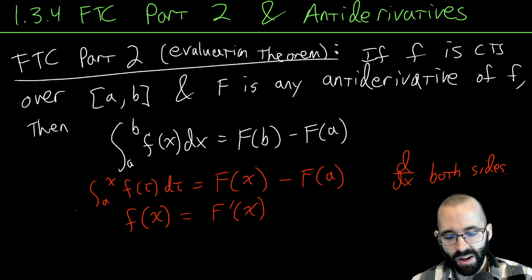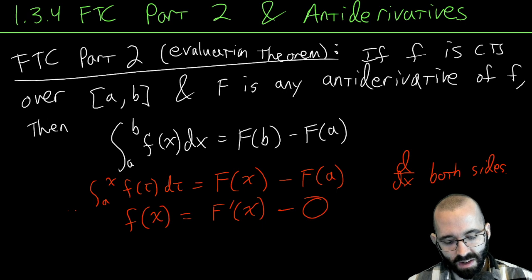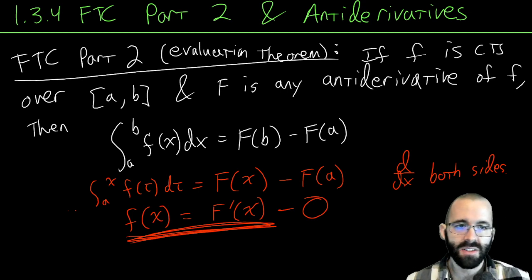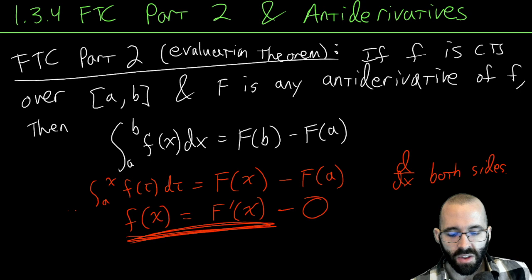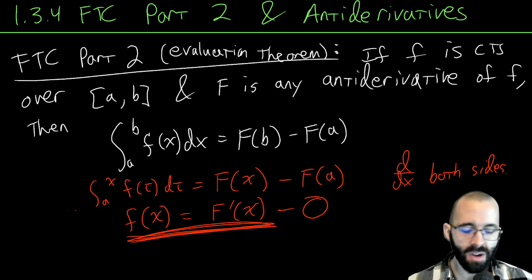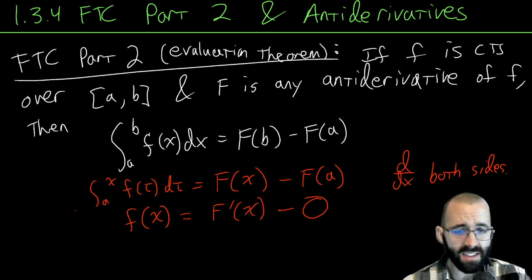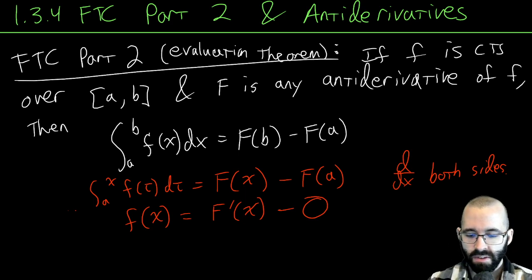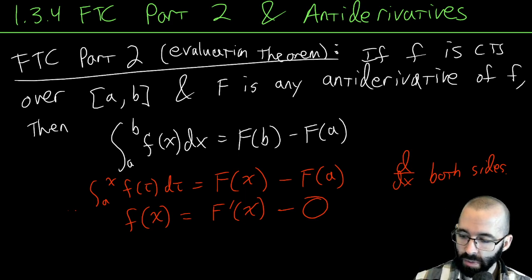A function evaluated at a number is just a number. Well, that's the definition of an antiderivative. So this is, of course, true. So it's just one way to see one of the relationships. There's a lot of relationships. But one of the relationships for part 2, which, again, we're not going to prove part 2. It's in the book. It's not bad, but I just don't know if it's so important to fit it into this video when we've got a whole section to cover.